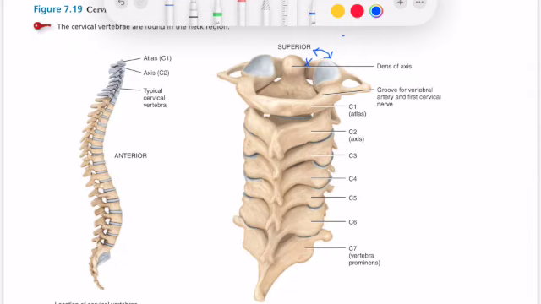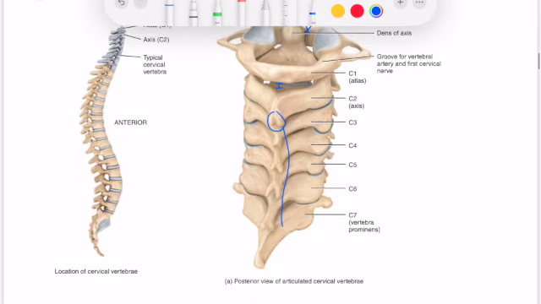There's kind of like a gap between there. And then we see a little bifid there, and it goes down and extends, and then we see that it starts to take the shape of our typical spinous process.